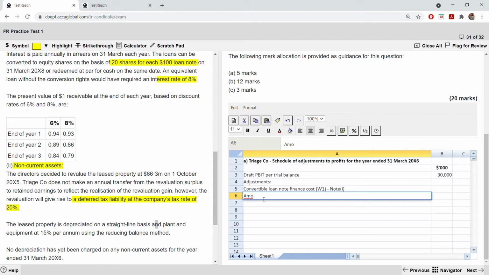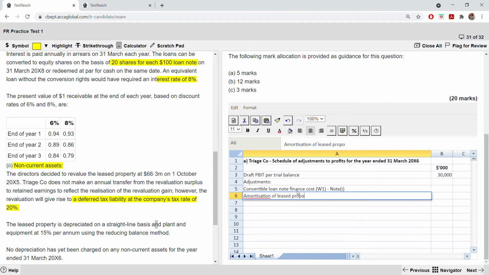Or you can write note 1 in the beginning and then write convertible loan finance cost. Anything is acceptable.